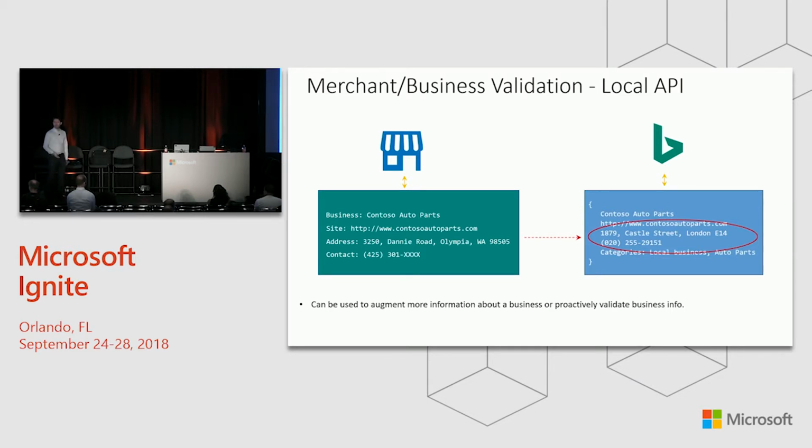Did this business give me the right address? Are they trying to spoof it in some way? Or do I just want to be able to use this to do geocoding, or do I want to be able to look up addresses, or have the ability to submit a search to this including restaurants near me and use the lat long information, which is really, really cool.